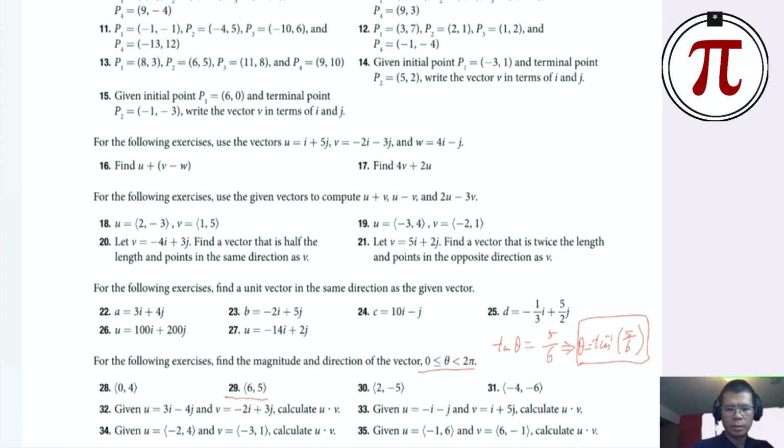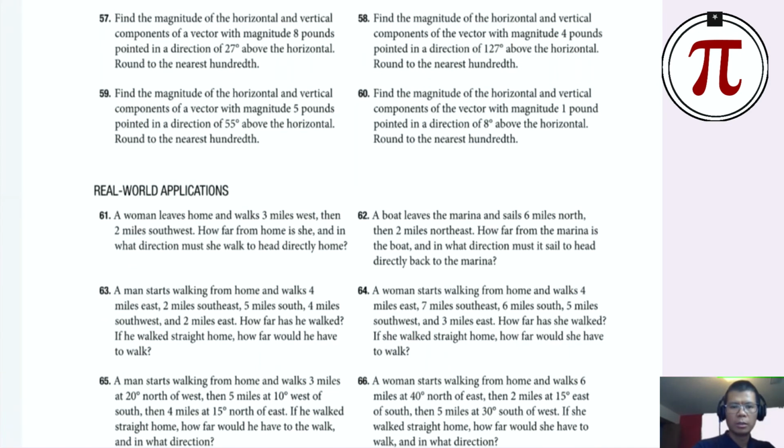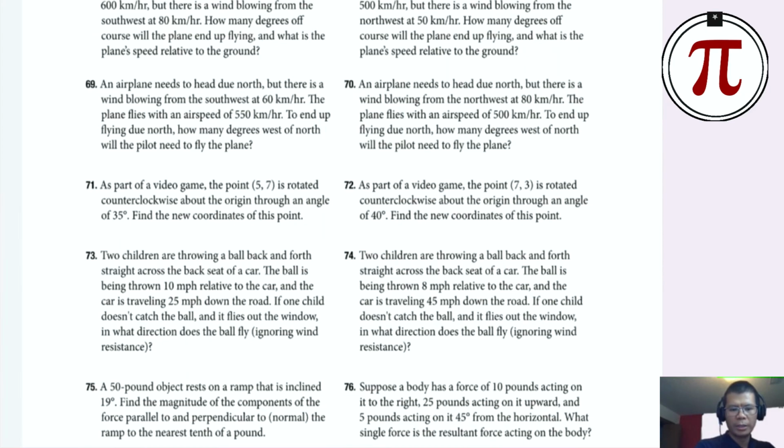Okay, so two children, right? Do you see this? This is actually exactly the same question. I just used this question, right? So what is the answer for this question?